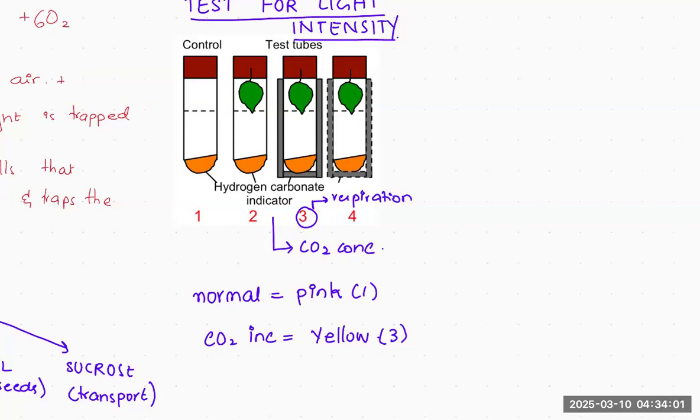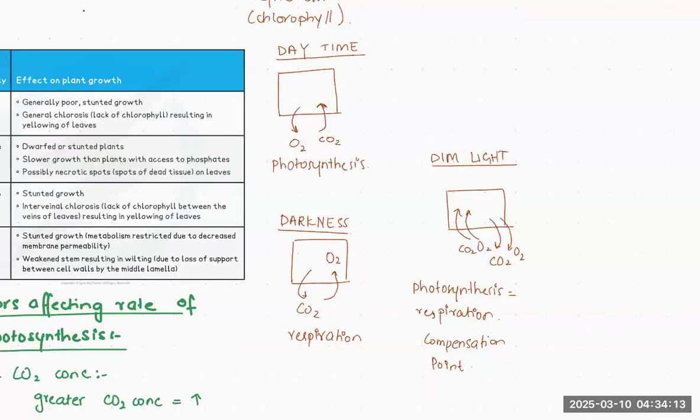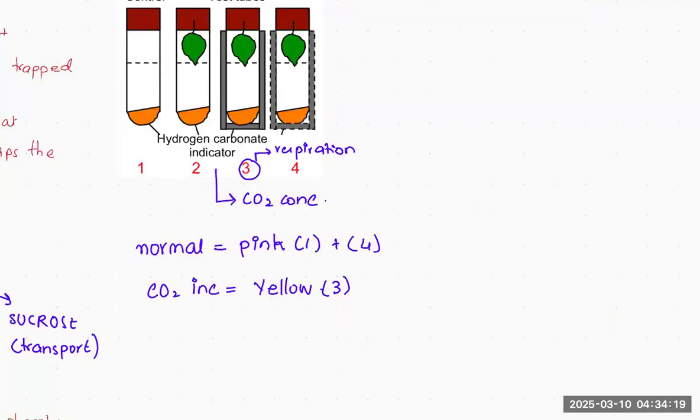Why? Because this is in dim light. In dim light, if you remember, we had studied that photosynthesis and respiration are equal to each other. So there will be no change. Then in test tube number 2, the carbon dioxide will decrease. Why? Because the plant is undergoing photosynthesis.